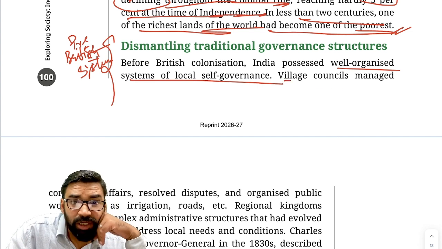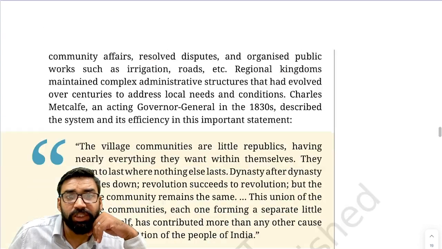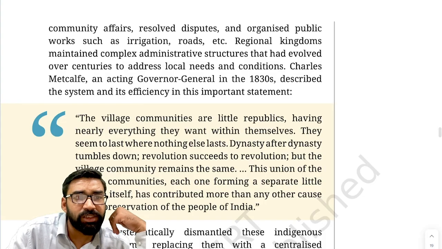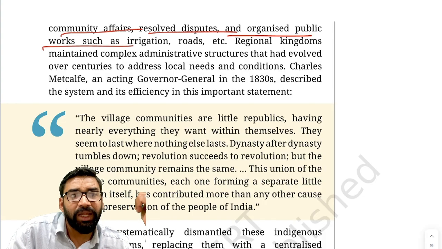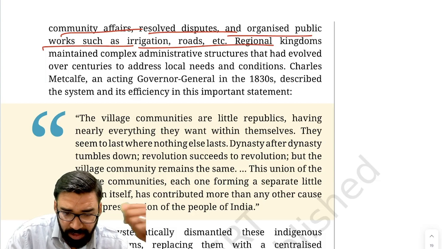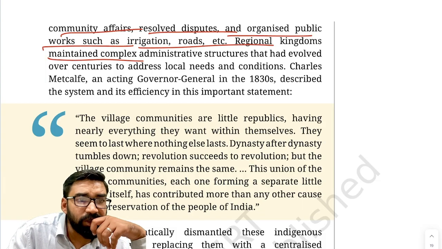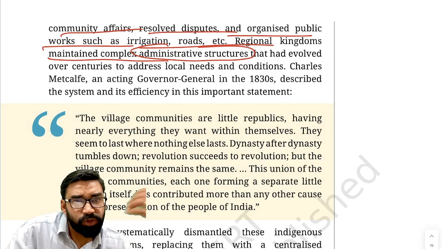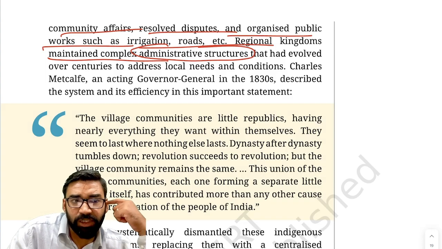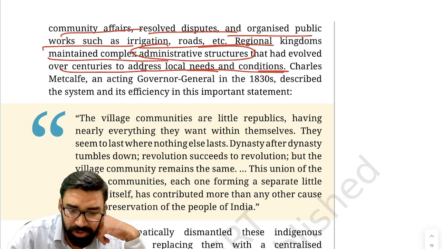Clear? Village councils used to be there. Now village councils, what was their work? They used to manage the community affairs. They used to resolve the disputes, organize public works like irrigation, roads, etc. These things were there. Then regional kingdoms actually maintained complex administrative structures. Clear? So this complex administrative structure evolved over centuries to address the local needs as well as conditions.